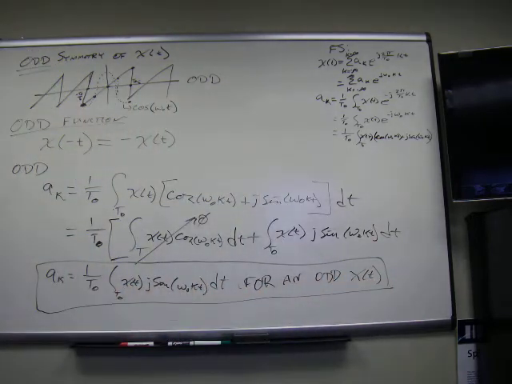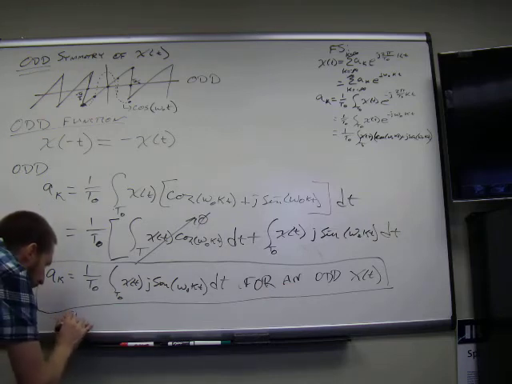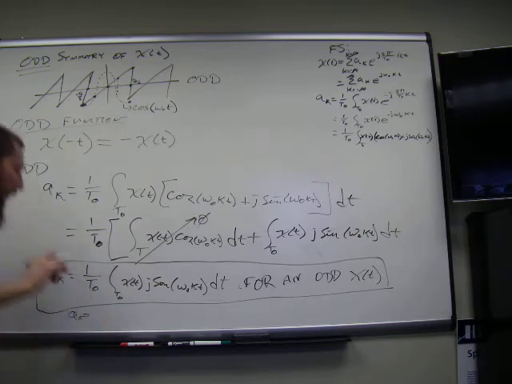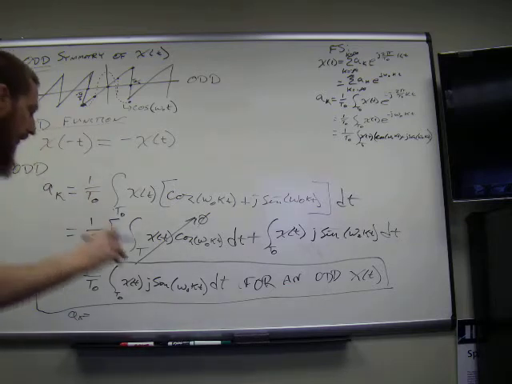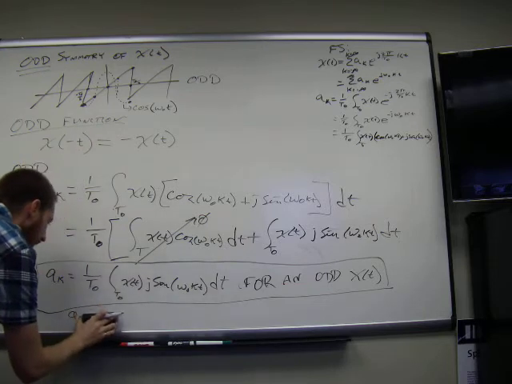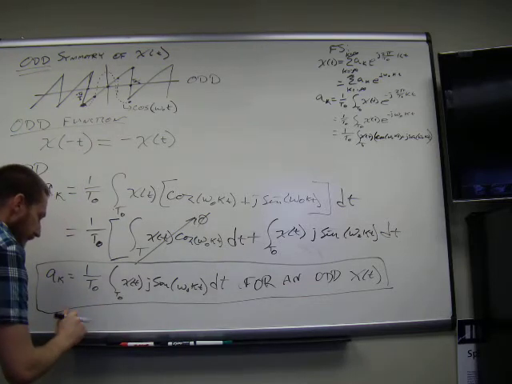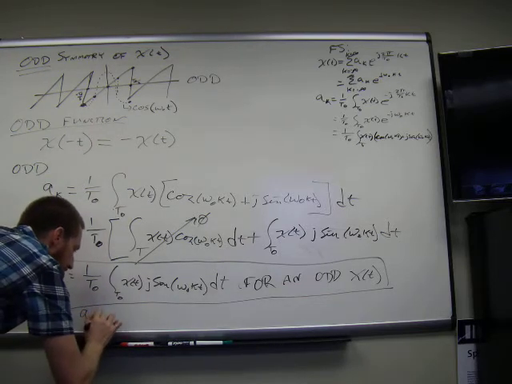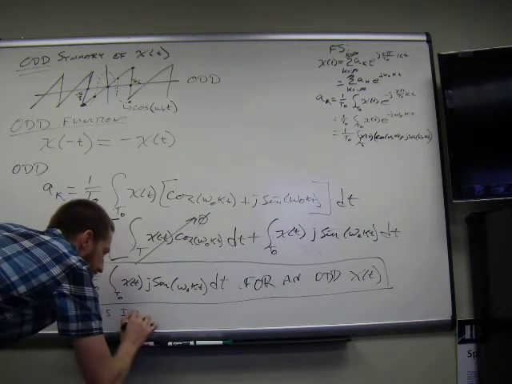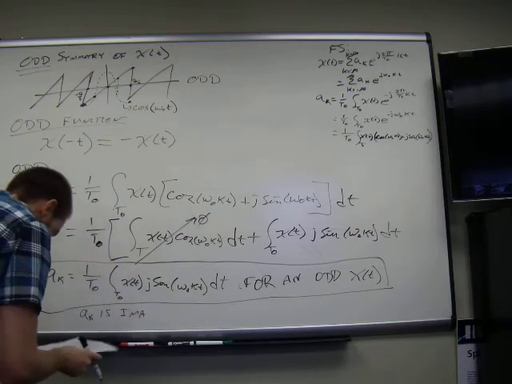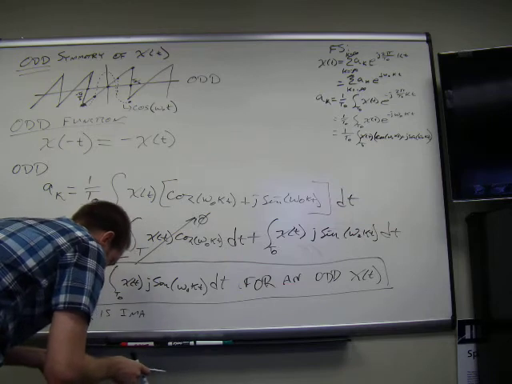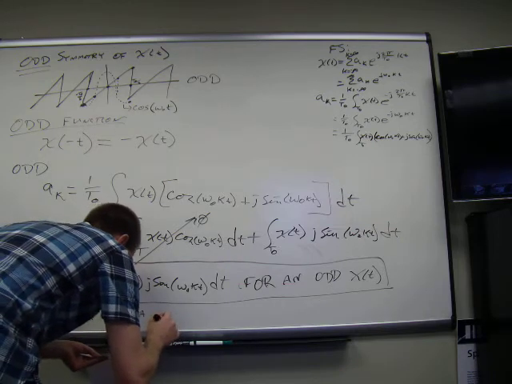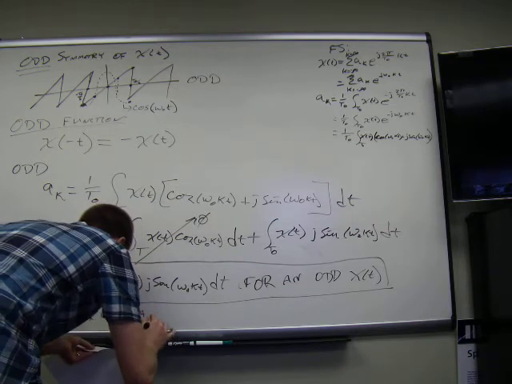We can make one more statement from this. A of k is imaginary. I'm just making sure I got it all right.